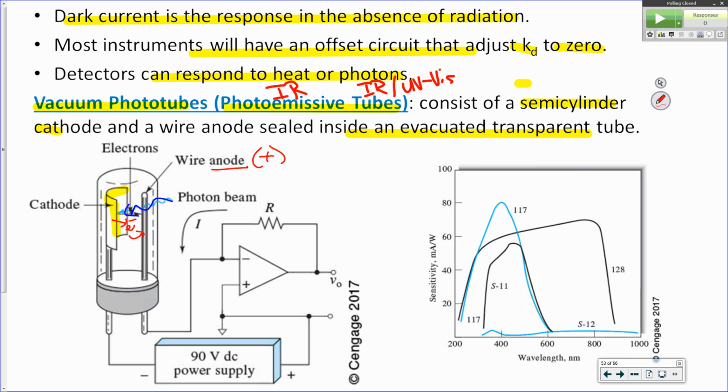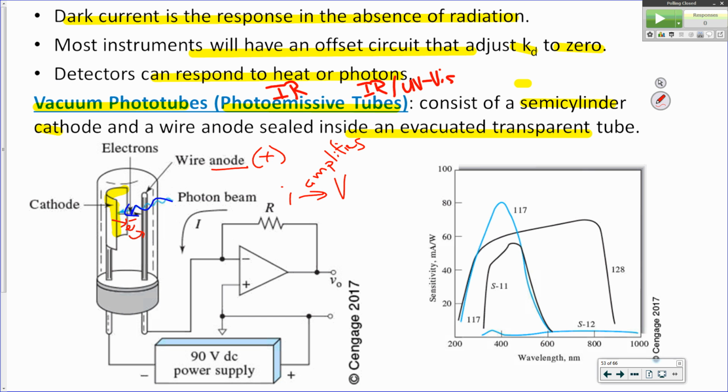Now, because of this separation, if you have something that has a very high resistance, you can hook it up to an operational amplifier, and you can amplify that signal very easily. So this configuration with the operational amplifier is called a current follower, and what it does is take this current and convert it into a voltage. So it goes current to voltage, and in the process, it amplifies.